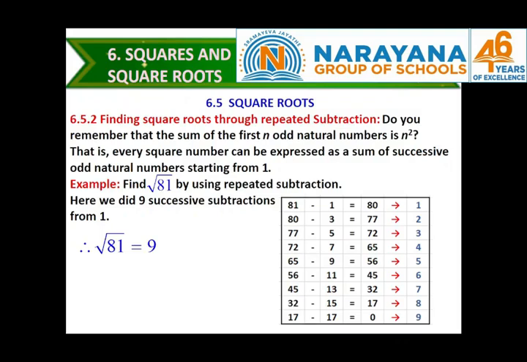So, I did 9 subtractions here. So, square root of 81 is nothing but 9. Suppose if I am doing 11 subtractions, the value is 11. If I am doing 15 subtractions, the answer is 15. This is one of the methods to find the square root, the repeated subtraction method.